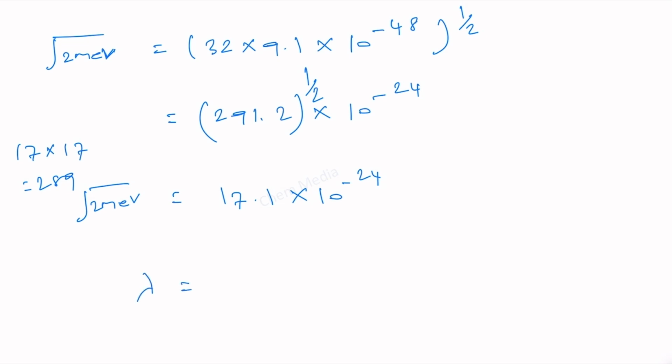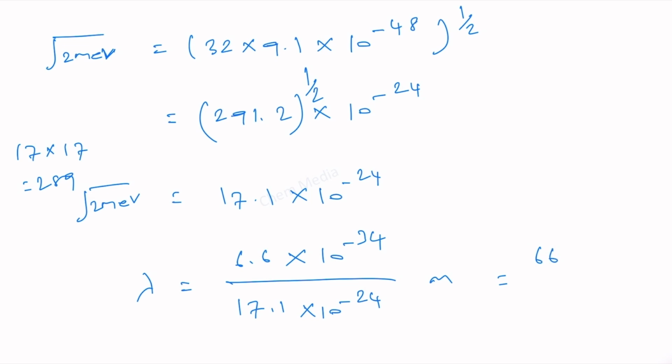Therefore lambda is equal to 6.6 times 10 to the power minus 34 divided by 17.1 times 10 to the power minus 24 meter. So this we can write as 66 times 10 to the power minus 35 divided by 17.1 times 10 to the power minus 24.